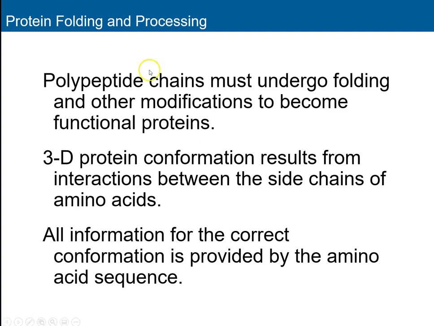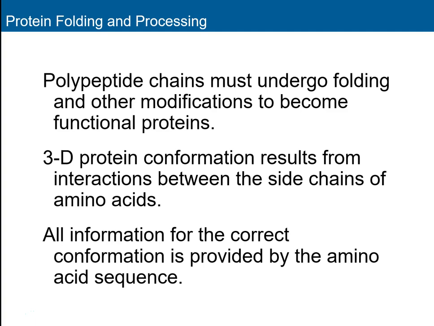The 3D protein conformation, or protein shape, is really dependent on interactions between the side chains of the amino acids. We talked about an experiment that showed this: you can denature a protein, and if you let the temperature come back to body temperature, it will refold into its original conformation, because all of that information lies within the amino acid sequence.